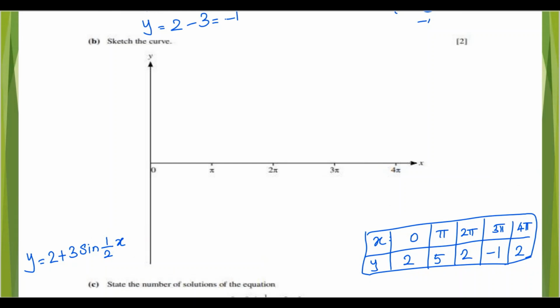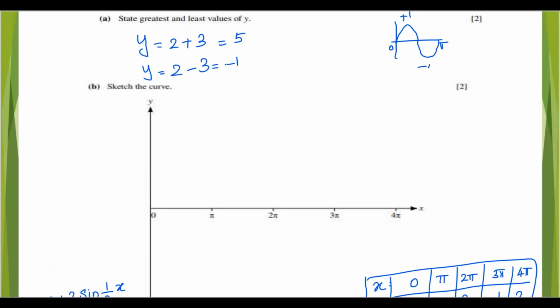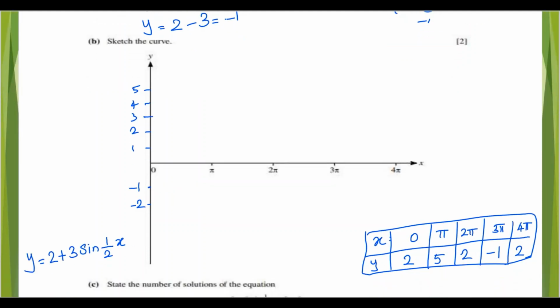Now let us plot these points. So y takes the values 2, 5, -1. So 1, 2, 3, 4, 5 and -1. So x is 0, y is 2.